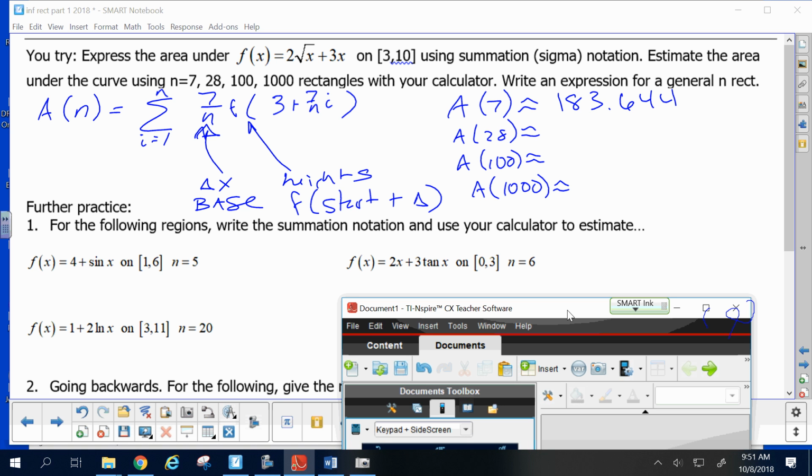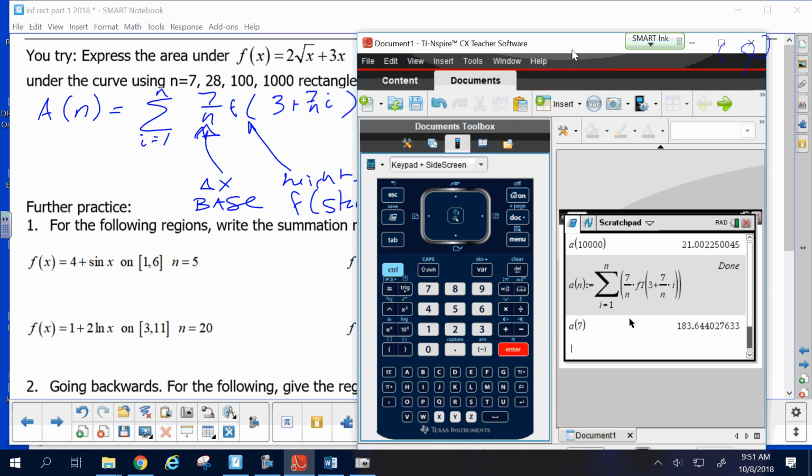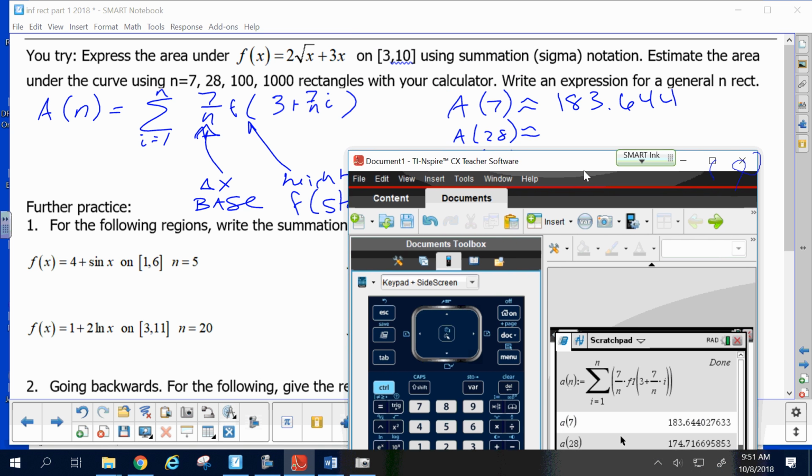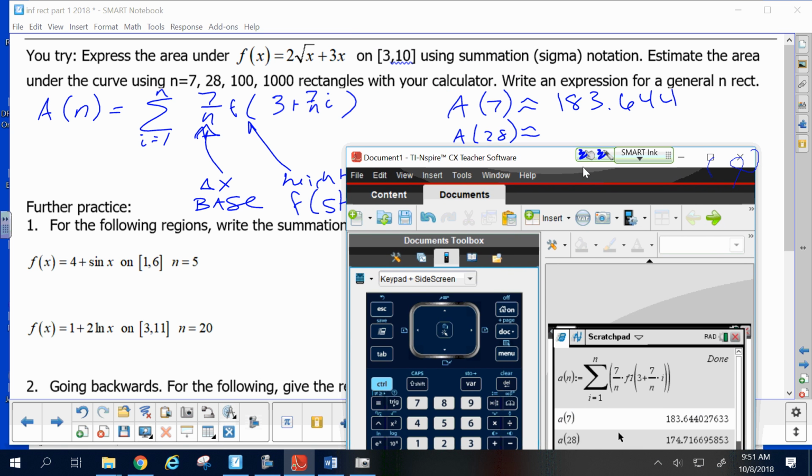Anybody confirm that 183.644 result? Yes. Cool. Right on. Okay, next, 28 rectangles gives 147.716, and I assume that's more precision.